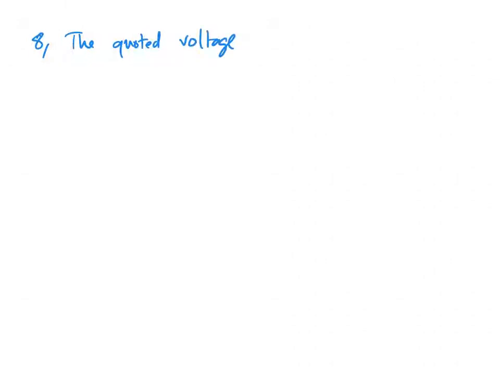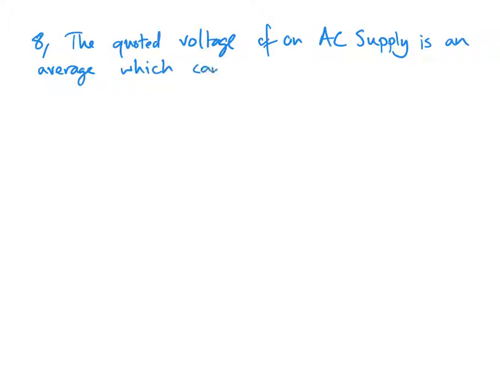So number 8, the quoted voltage of an AC supply. The quoted voltage is an average which can be compared to DC voltages.